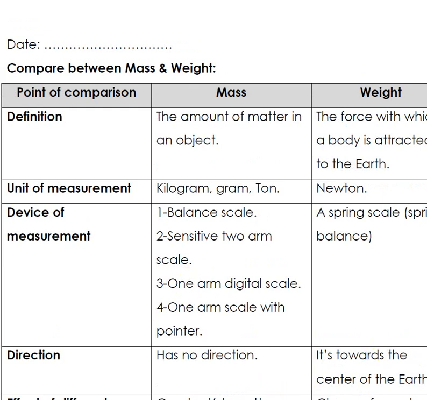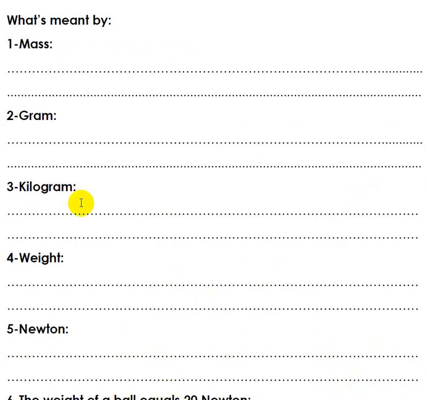So let's now take some exercises. What is meant by mass? Mass is the amount of matter in any object. Gram is the measuring unit of mass, and it's used to measure small masses like jewelry or chemicals.